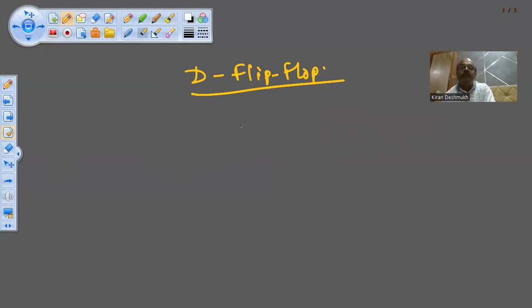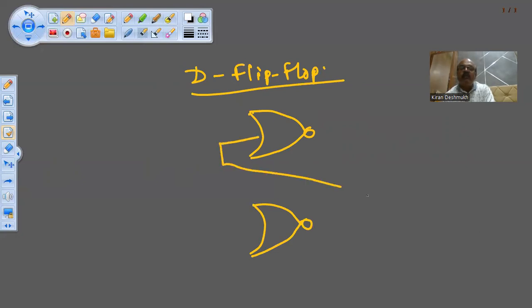Now, I can rearrange this RS flip-flop using NOR gates. Same circuit, except I have drawn it in a different manner. This is the same circuit which I used in the last discussion.